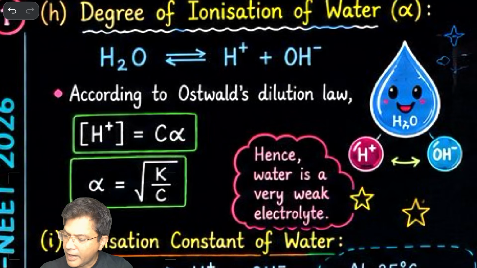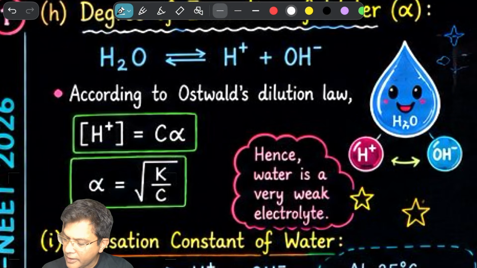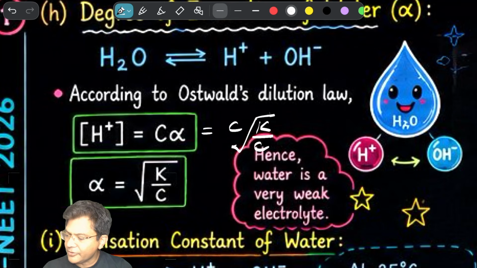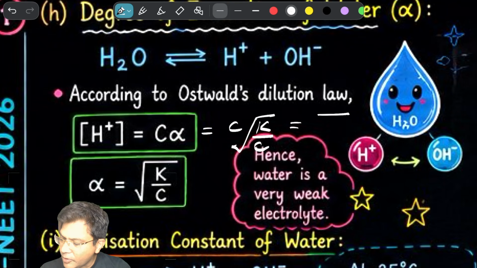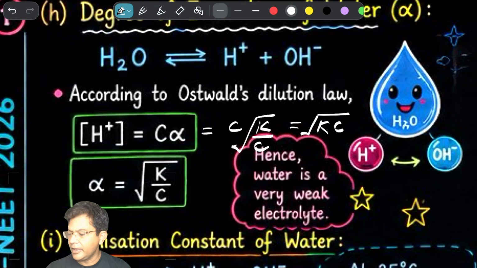You are going to get C times root of K by C, and if you bring that C inside, suppose I am talking about an acid, you get root of KaC, and if I am talking about a base, root of KbC. Now see, K and C are both there, so confusion can be there.